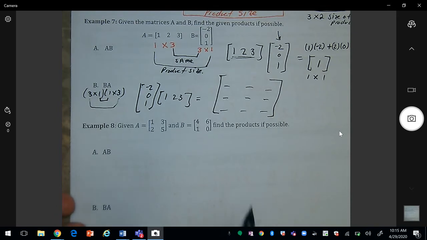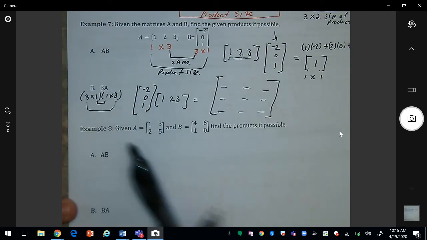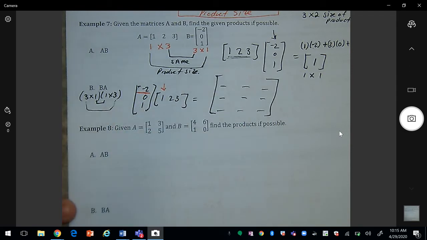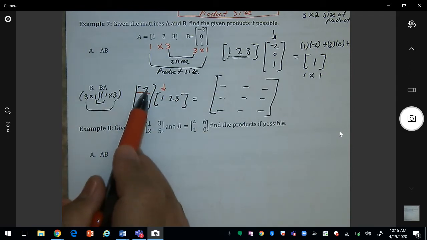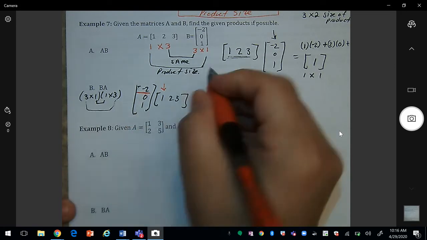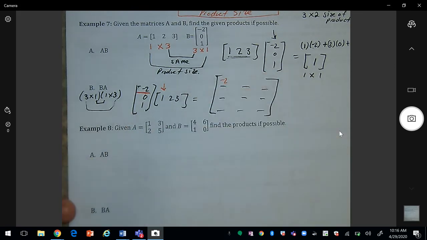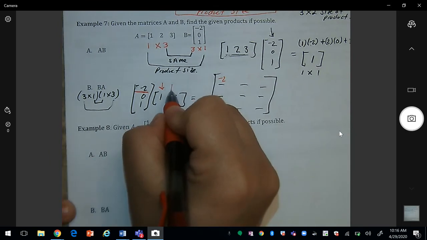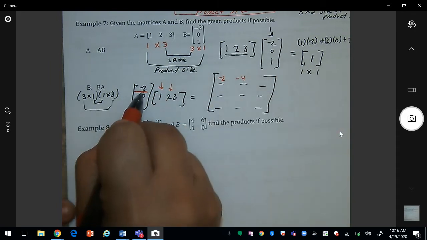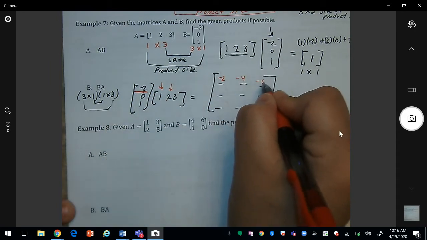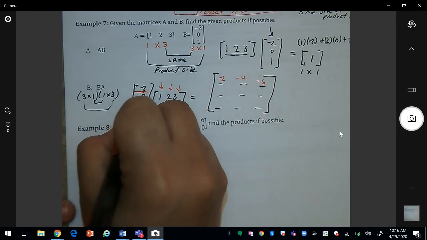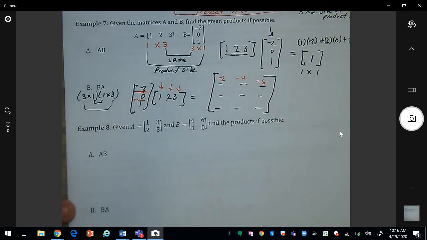Okay. So to begin, we look at the first number, or the first row, which is this one, and we're going to multiply times the first column. So we would say -2 times 1, and there's nothing else in this column, so my answer here is just -2. And then we go on to the second column. -2 times 2 is -4. -2 times 3 is -6. And there's no more columns, so that means we can move on to the next number, which is 0.